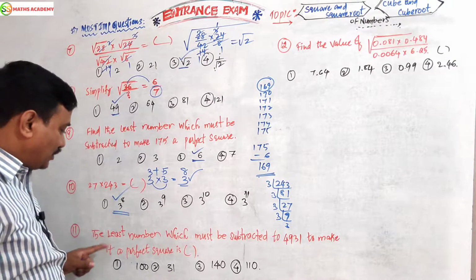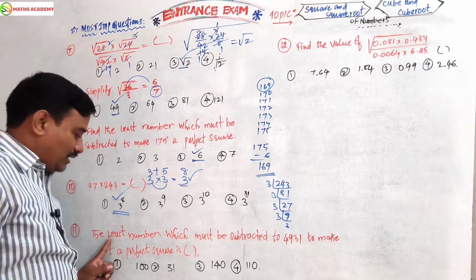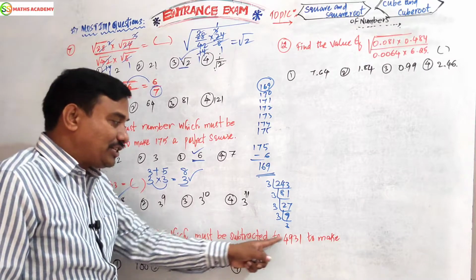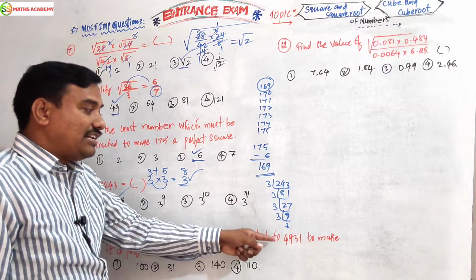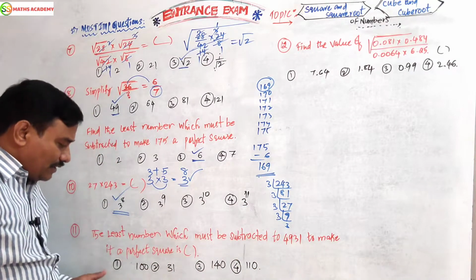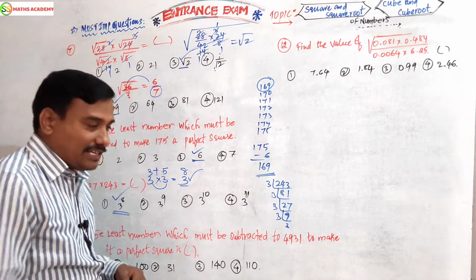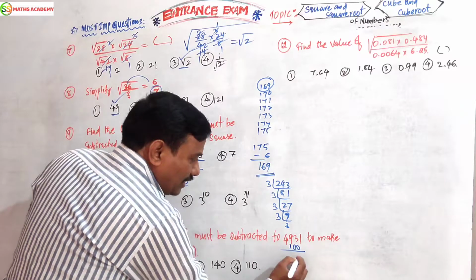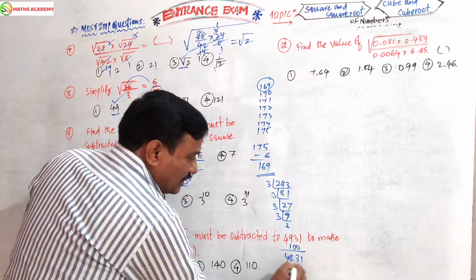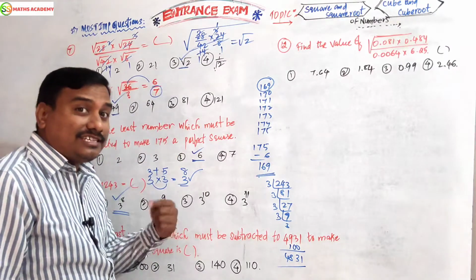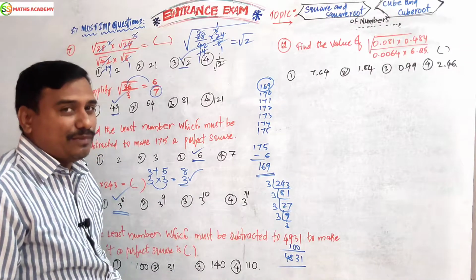Okay. Next, last question, now the 11th question. The least number which must be subtracted from 4931 to make it a perfect square. Here you can subtract 100. 4931 minus 100 is 4831, which does not have any perfect square value in our maths.